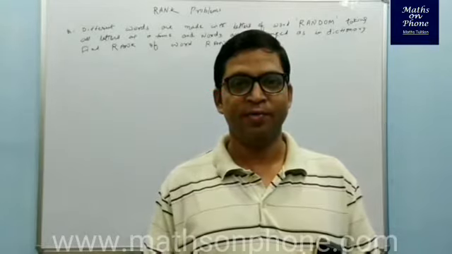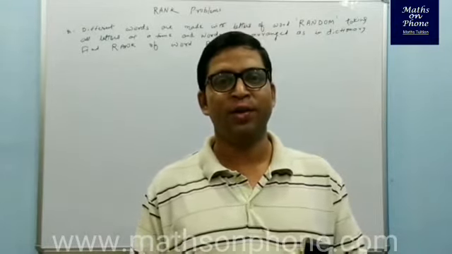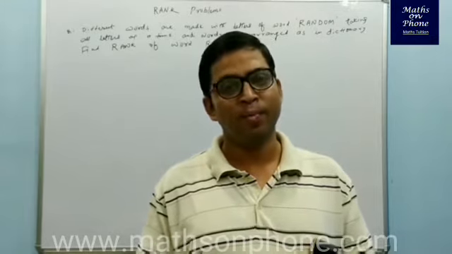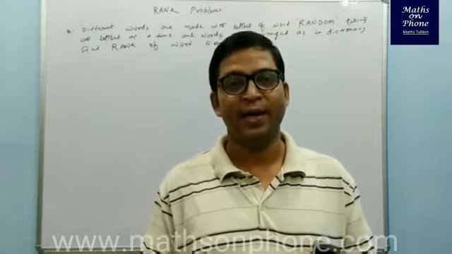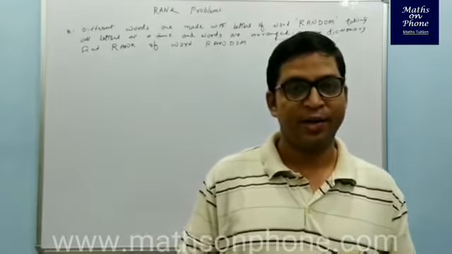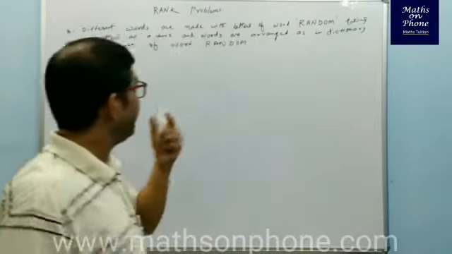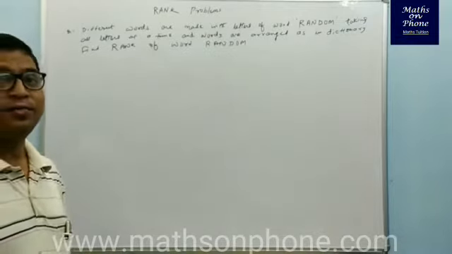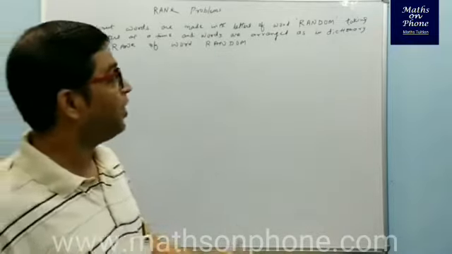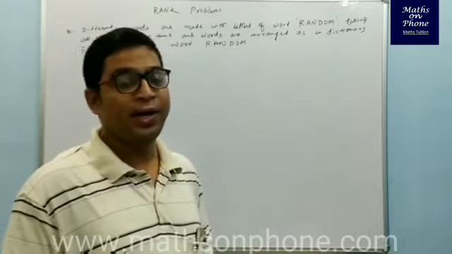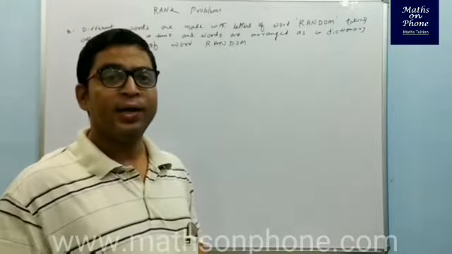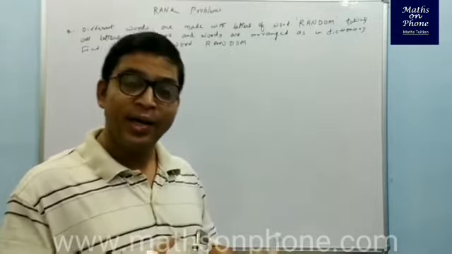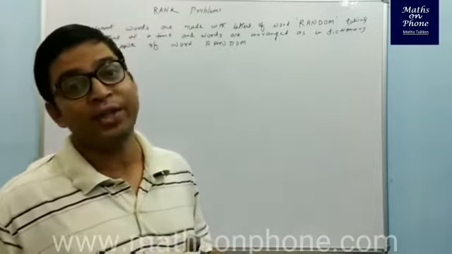We will see a very important and very interesting problem, the problem of finding the rank in a dictionary. Suppose a word is there, RANDOM, and we have to make different words with the letters of the word RANDOM, taking all at a time, and now these words are arranged in accordance with the rules of the dictionary.